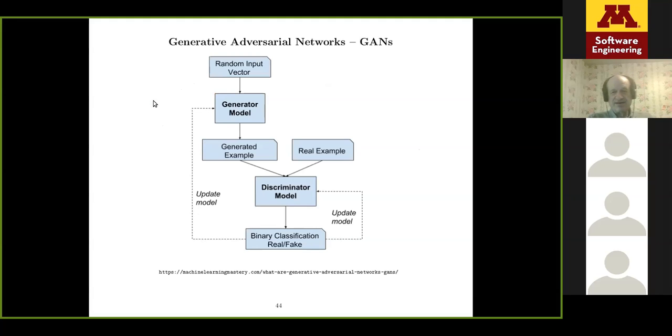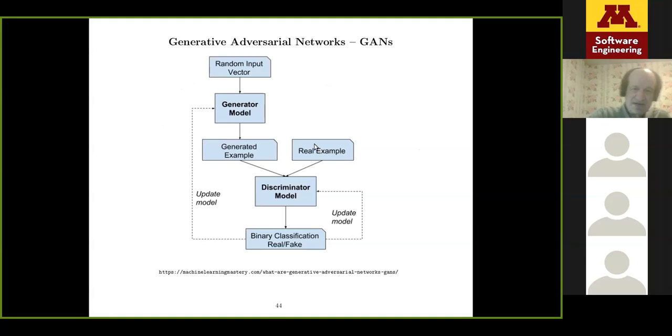And another powerful technique that's been developed is what's called a generative adversarial network, or GAN. And this is another one where you have 2 pieces that try to compete against each other. And in this one you start with a set of real data. So you have a large set of real data.